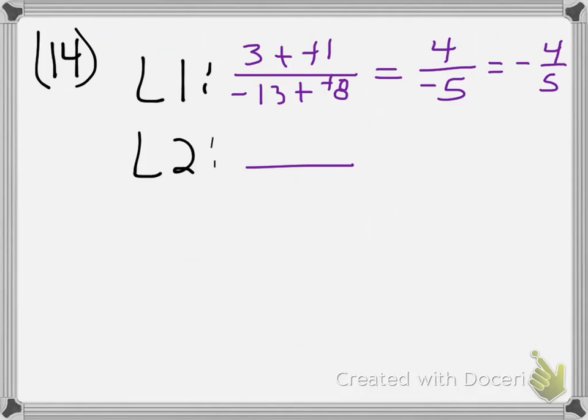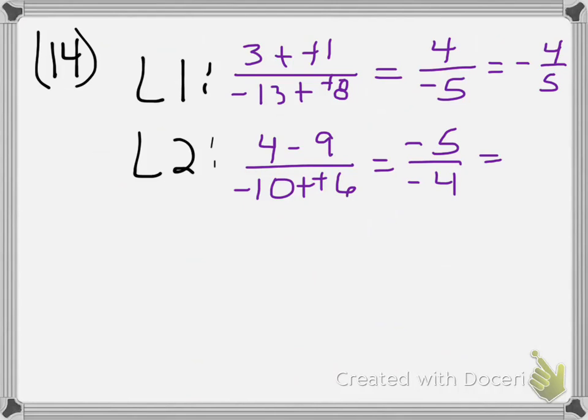Okay. Line 2, we have 4 minus 9 over negative 10 minus negative 6. 2 negatives makes a positive. 4 minus 9 is negative 5. Negative 10 plus 6 is negative 4.